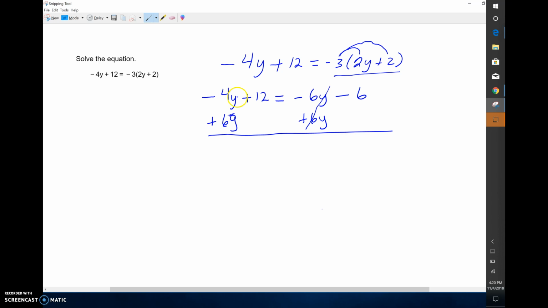Negative 4y plus 6y are like terms. So you got to find the difference between 6 and 4. And you know the difference is 2. And since we have 6y was positive, it's going to be 2y plus 12 is equal to, and you see that becomes 0, so you have minus 6.